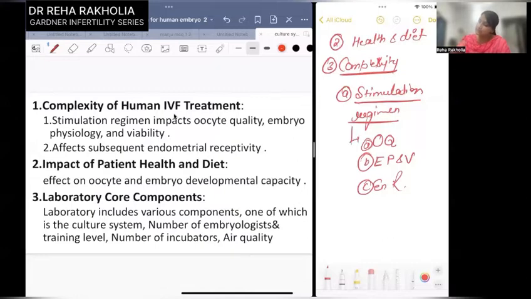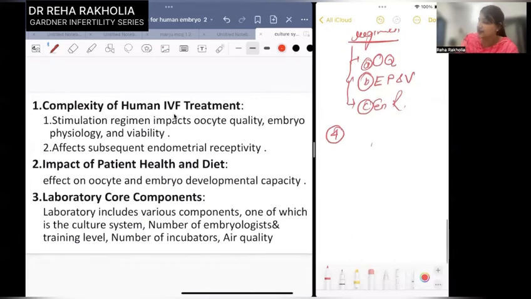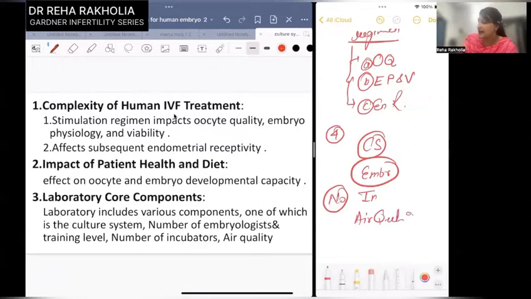So it's a complex procedure. All these contribute to the success of the embryo. Then there are laboratory components. What are the laboratory components? Culture system, embryologist, number of incubators, and air quality.